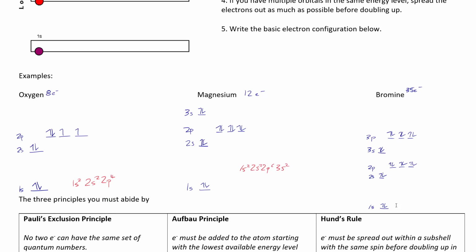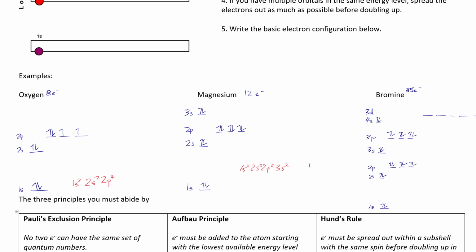So after 3p, I'll go to 4s, I will fill that up, and then I will go back to 3d, and I will indent that even further. And remember that the d orbital, or the d subshell, has 5 different orientations in 3D space, each of them containing 2 electrons.